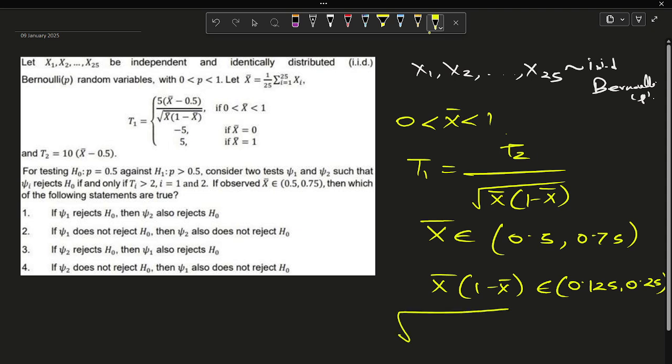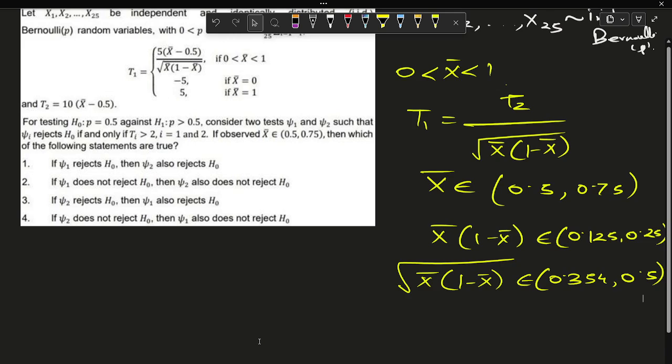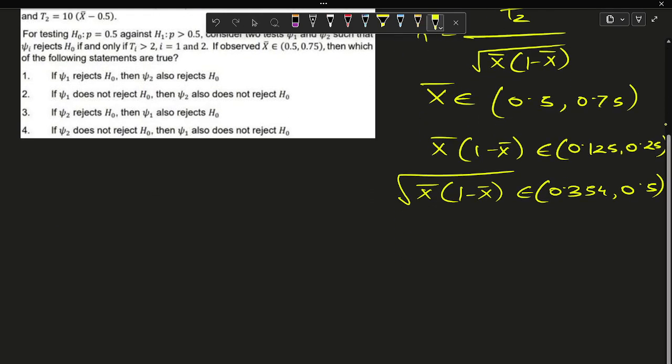So the root over of this will lie approximately between 0.354 and 0.5. This is 1 by 2 root 2 and that is half. Therefore T1 is greater than T2 in this range.